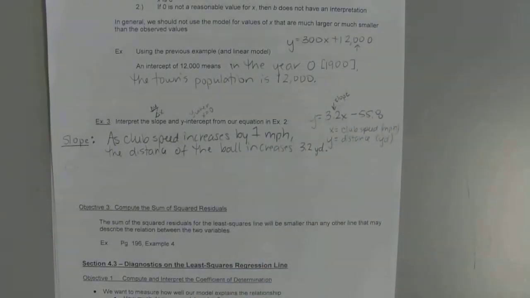And again, it's just that x is increasing by 1. Club speed was our x, so x is increasing by 1. Your y value, distance, is doing whatever the slope is. Since the slope was positive 3.2, if you go from 100 to 101 miles per hour, you'd expect a 3.2 yard extension to that drive.